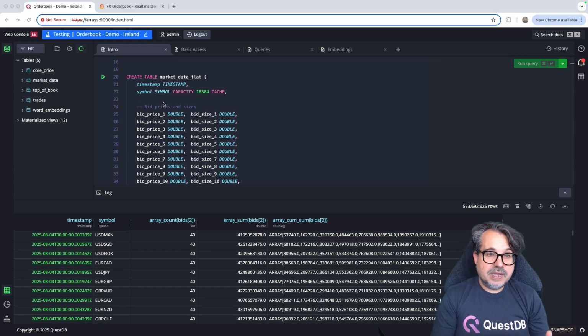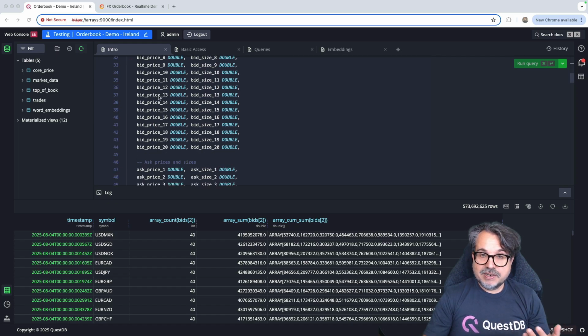And this will make storing data a bit more efficient because you don't need to replicate the timestamp and the symbol every time on the storage, one per row. And when you run a query, you don't have to group by timestamp and symbol because the data is already stored by timestamp and symbol.